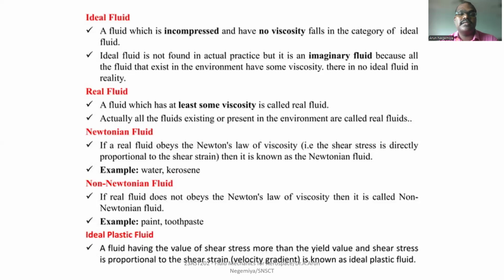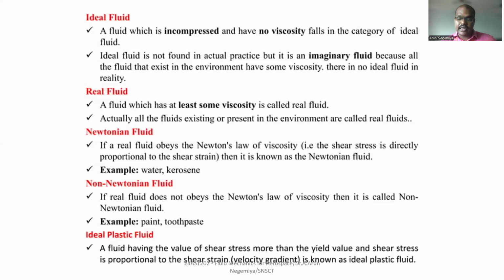And next one is the real fluid. In the real fluid, it has some amount of viscosity. Viscosity means the resistance to the movement of fluid. For example, there are so many kinds of fluid, such as water, oil, petrol, mercury.